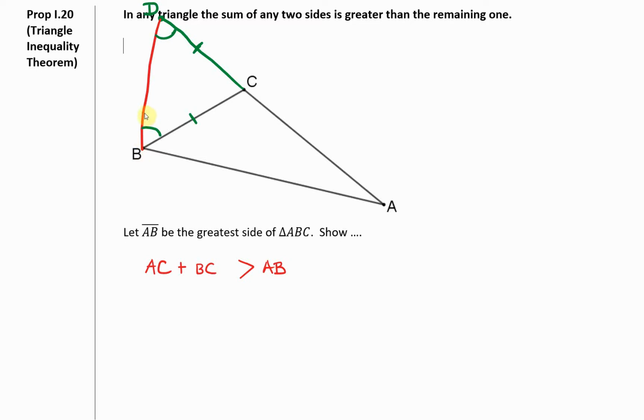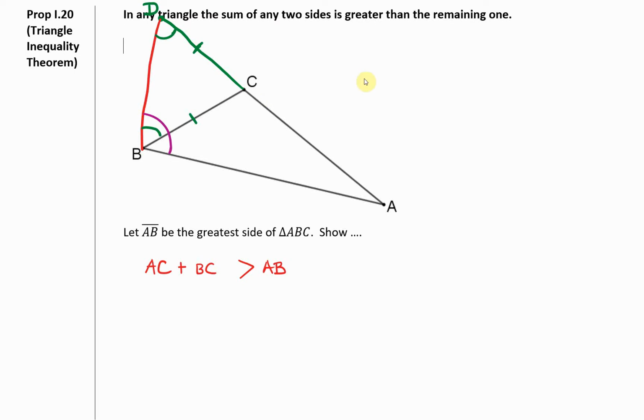The other thing I know is that this purple angle here must be larger than the green angle. Okay? And so the purple angle here must also be greater than this other green angle. The two green angles are the same. The purple angle is greater than one of them, so the purple angle is greater than the other one as well. Okay, so let's write up this detail so far before we get too lost here in the picture.